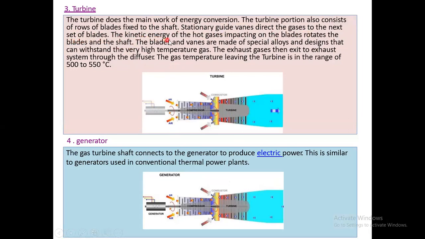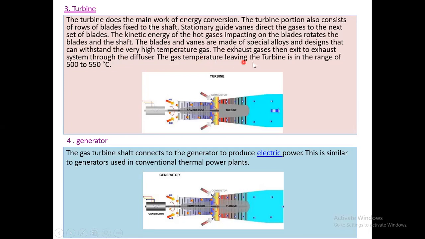The kinetic energy of the hot gases impacting on the blades rotates the blades and the shaft. The blades and vanes are made of special alloys and designs that can withstand the very high temperature gas.